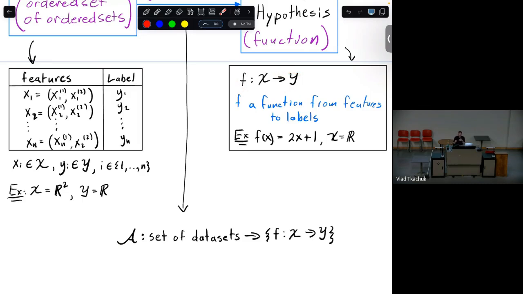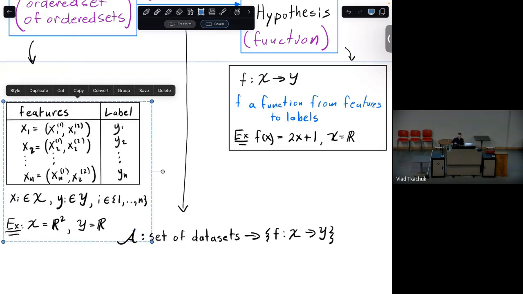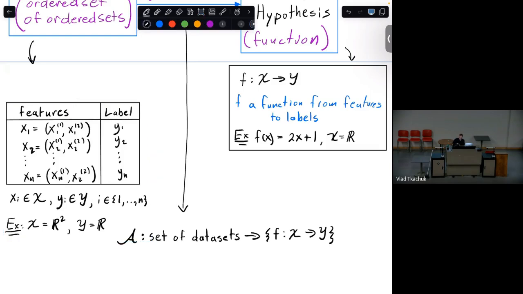Now we need a mathematical object that can represent this data set. So far we have it in this table format, and it's kind of weird: how would I write the mathematical symbol of the table? The common notation that ends up being used is exactly this ordered set of ordered sets, and I'm going to introduce that now. First of all, we give the data set a name, just like a variable name.